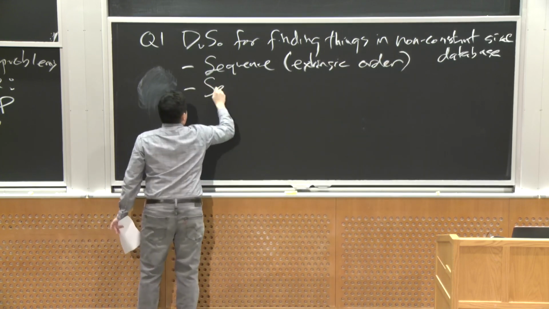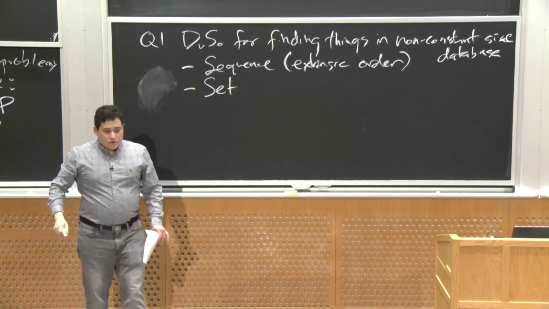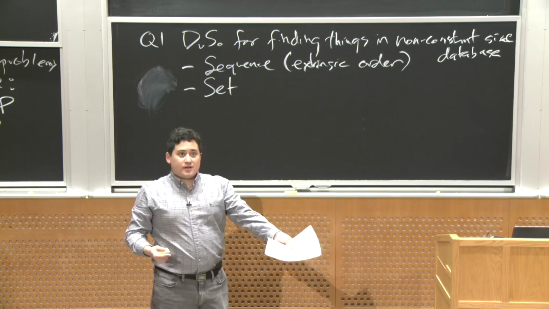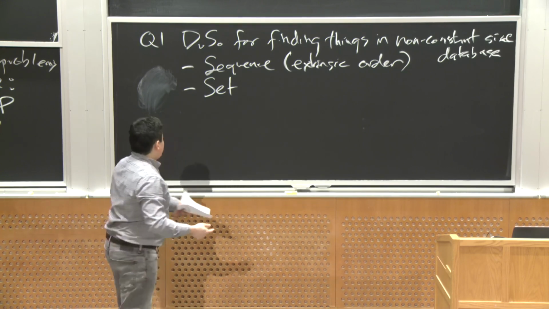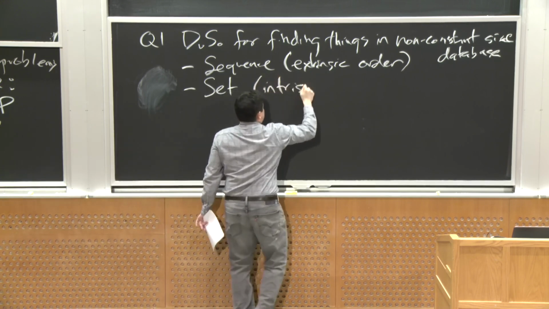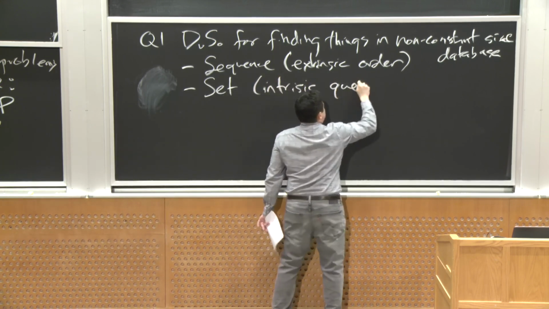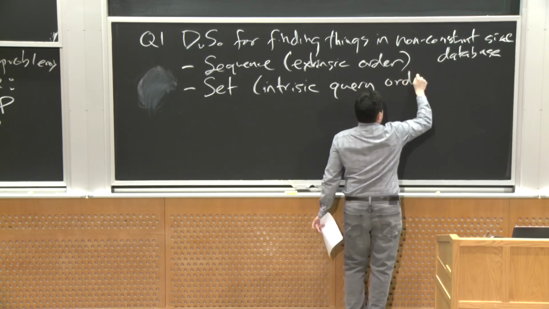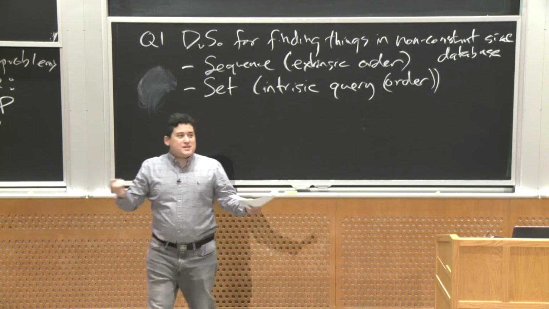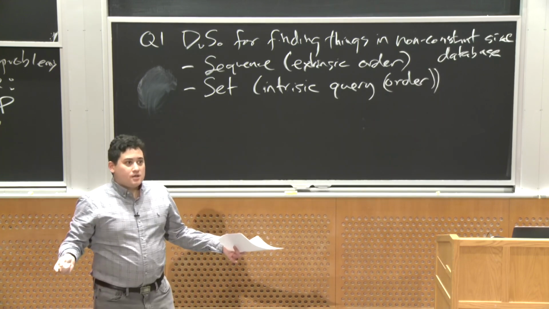Or I want to be able to look up, is this thing in my set, right? By a key that we identify it with, a unique key, right? So this is some intrinsic queries, and often order, right? Not all, like a hash table doesn't maintain any order on my keys, right?